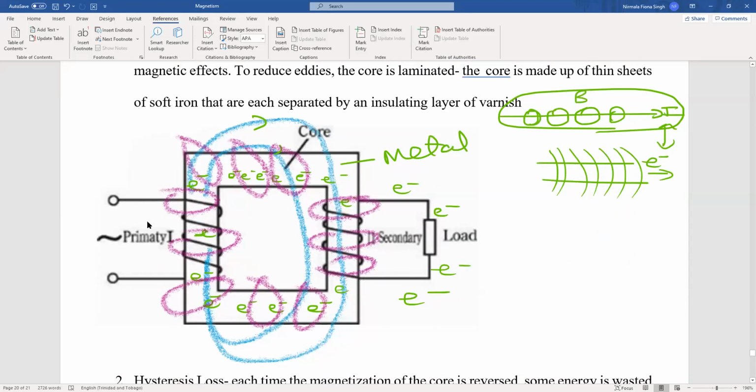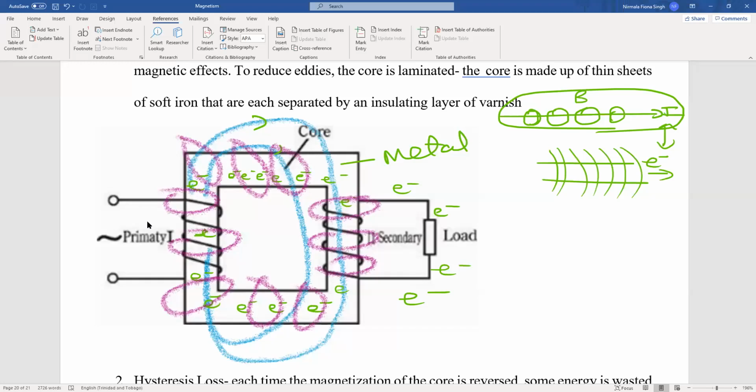So that's a heck of a thing, right? The whole thing that makes your transformer work is also its downfall. The biggest problem in a transformer is eddy currents, and eddy currents are the exact same thing that makes your transformer work.